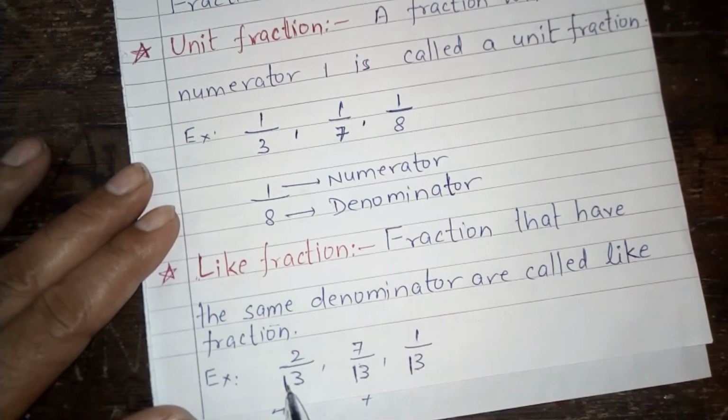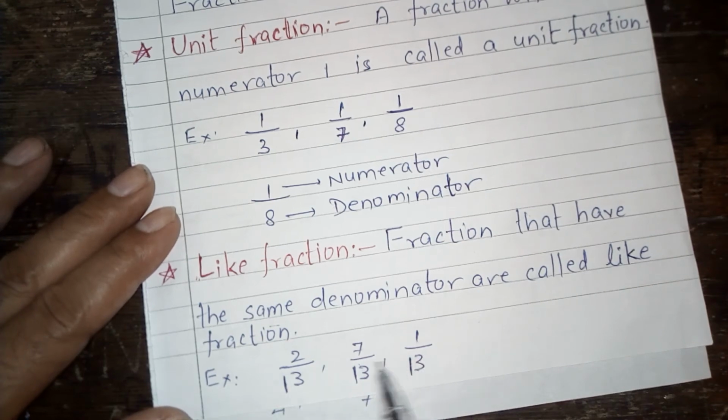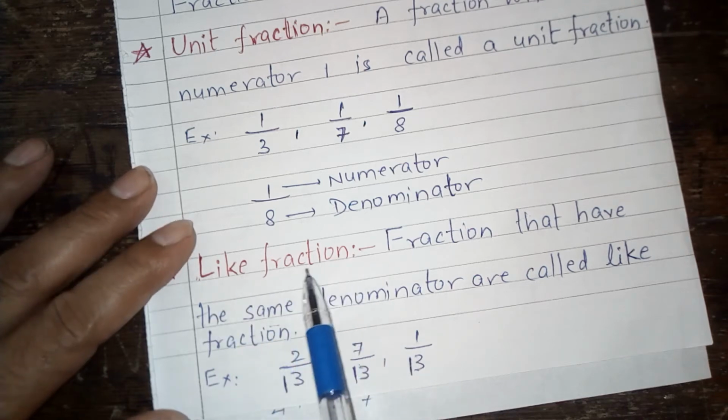As you are looking in these three examples, 2 upon 13, 7 upon 13 and 1 upon 13, the denominators are the same, that is 13. So these three examples belong to like fractions. Okay.